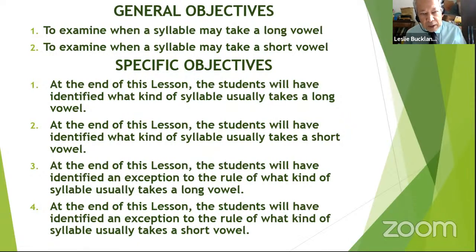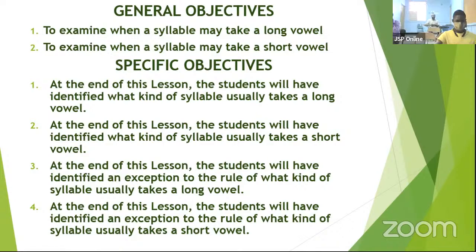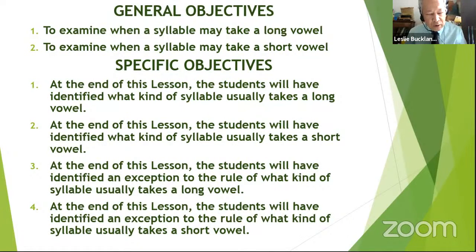What you have here is a pattern of rule and exception. So we're going to be looking at what are the rules governing where a long vowel or a short vowel may be put in a syllable, and exceptions to each of those rules.